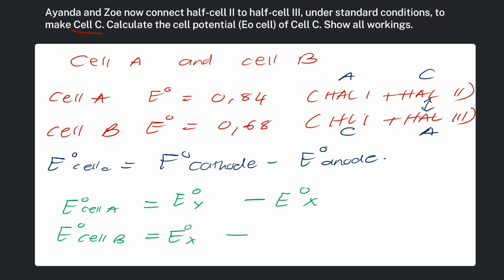Minus our anode, which in this case was now the Z. So let's say this is equation 1 and equation 2, A and B. And we know this is equal to 0.84, and this is given as equal to 0.68.